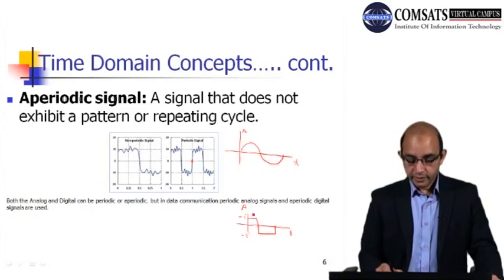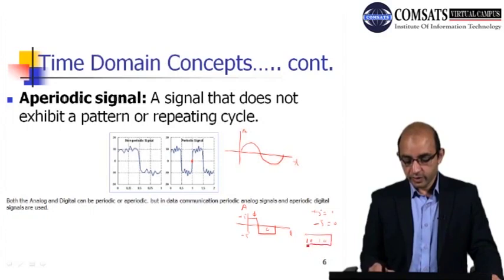+5 is 1, -5 is 0. So if I have 1 0 1 0, this is a sort of previous case when we have the periodic, but we have only 1 0 over here.